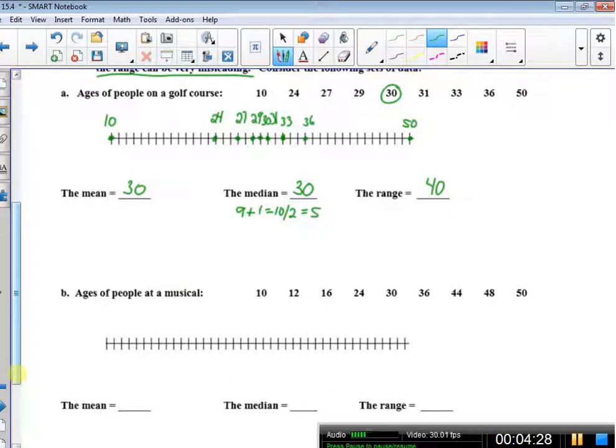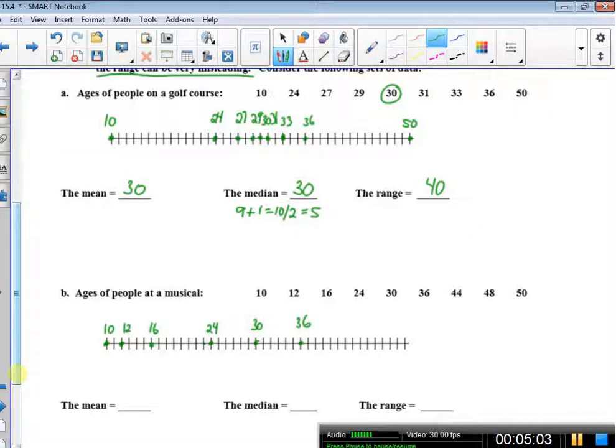Let's take a look at ages of people at a musical. So I'm going to do the same thing. It goes 10 to 50, so let's place the 10 there, the 12 there, 16, 24, and on through 30, 36, 40, 44, 45, up to 50.